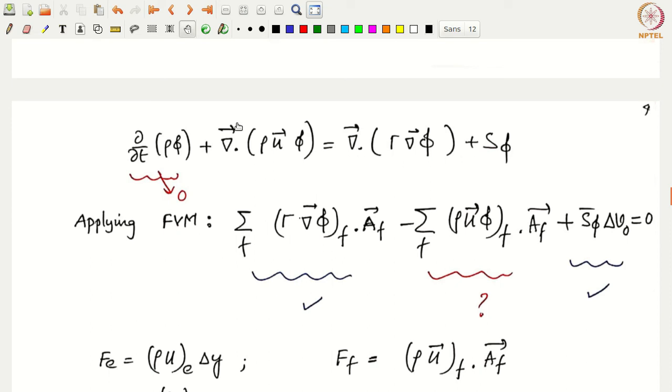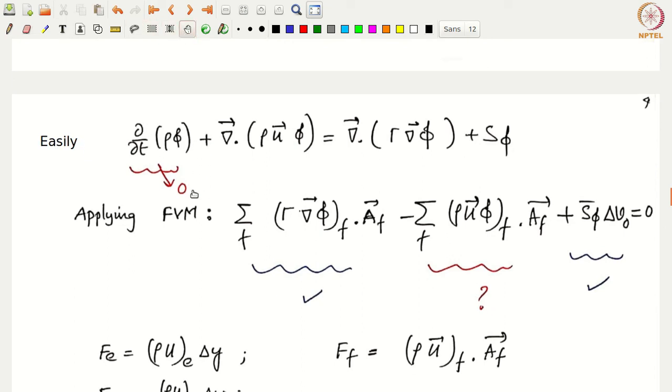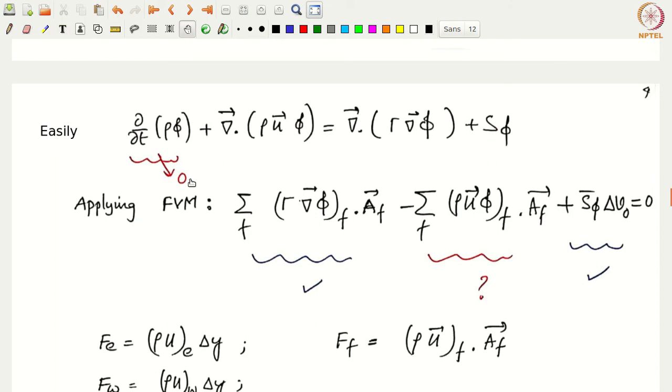For now we would only look at the steady convection diffusion equation, so we would set the unsteady part to 0. Of course, you can see how to extend this to incorporate the unsteady term, which we have already seen in the context of structured meshes.